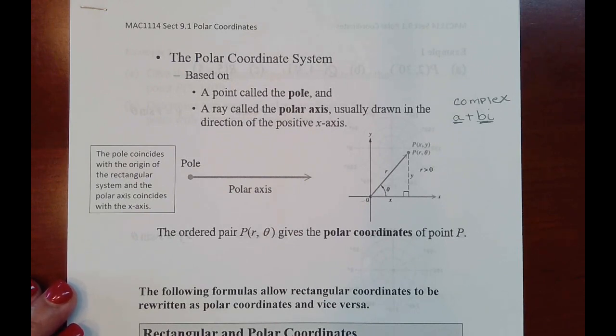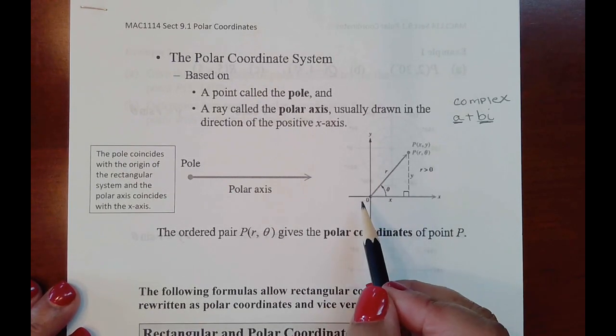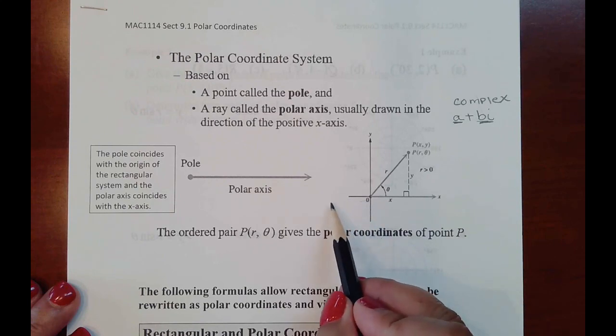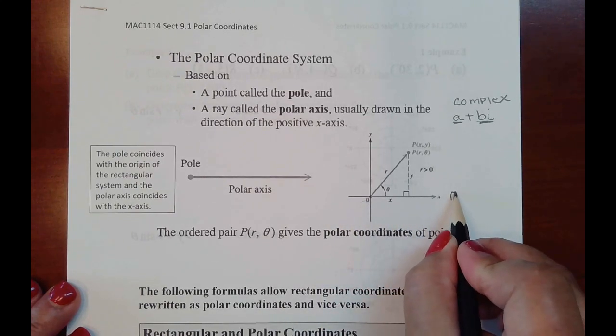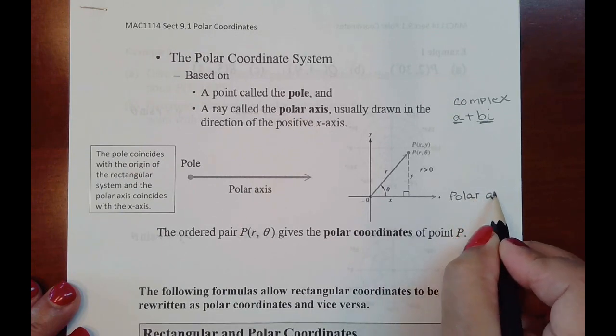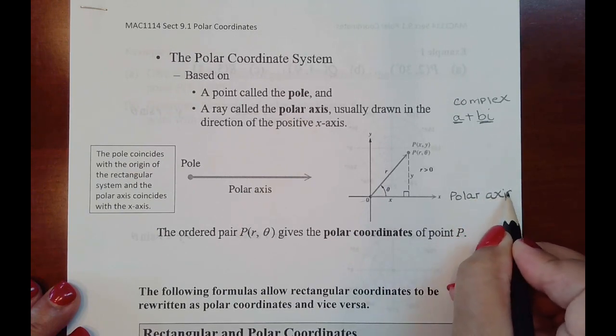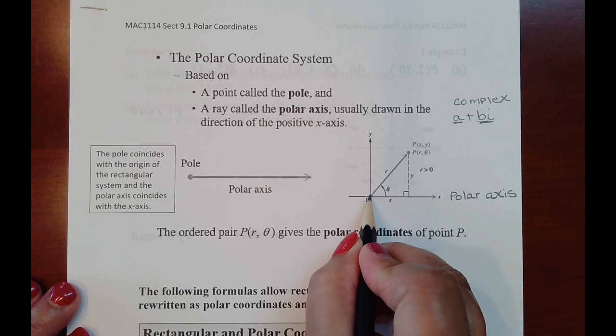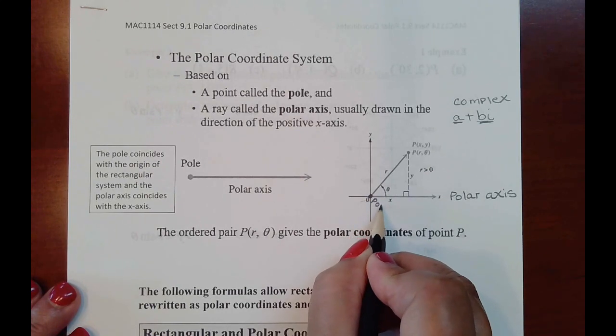When you're in the polar coordinate system, the x-axis is now called the polar axis instead of the x-axis. But you can superimpose one on the other, and instead of this being called the origin, it is called the pole.